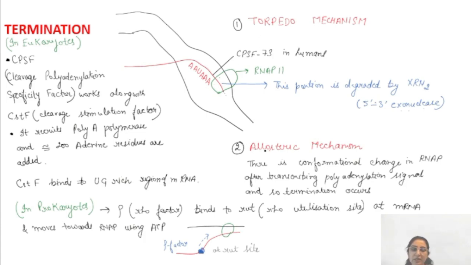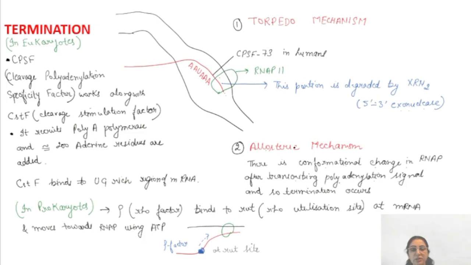The other mechanism is the allosteric mechanism. In this, there is a conformational change in RNA polymerase after transcribing the polyadenylation signal, that is this signal AAUAAA. So once this signal has been transcribed, some conformational change occurs in this RNA polymerase 2 and termination occurs.